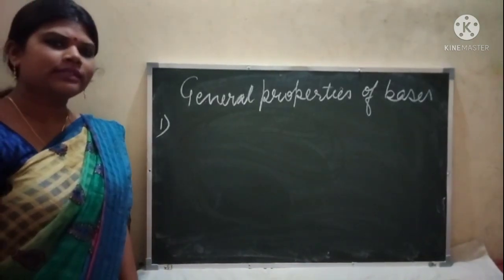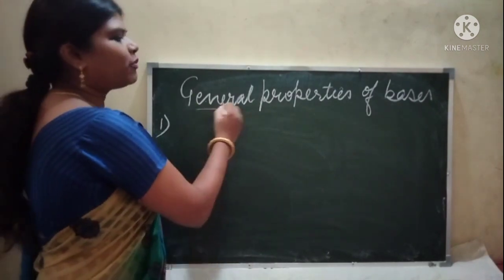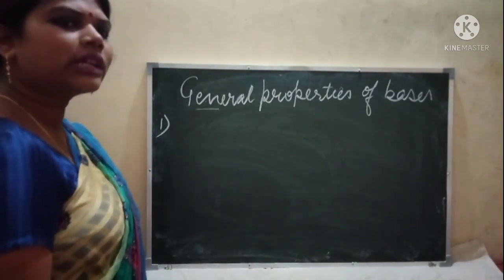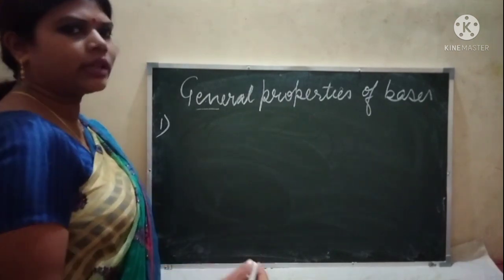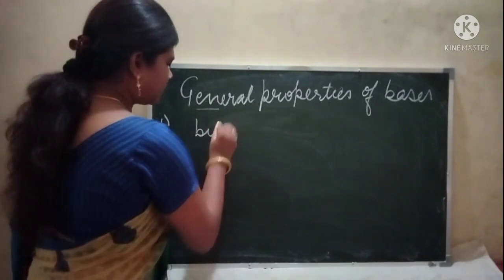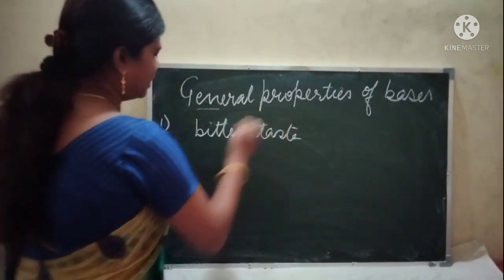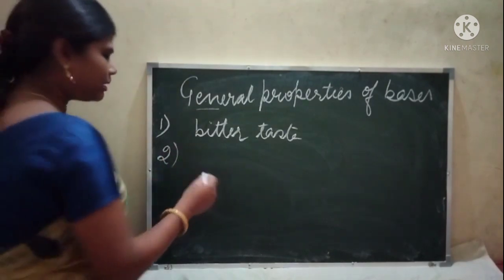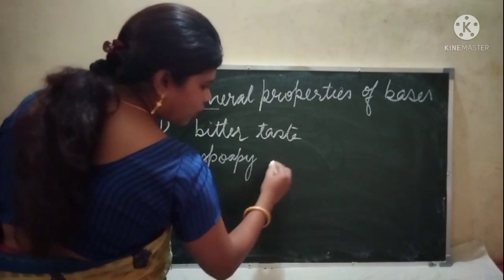So students, the next topic we have to see in the bases is the general properties of the bases. Now let's check what the general properties of bases are. If you taste the base, it is bitter in taste. If you touch it, it is soapy in touch.